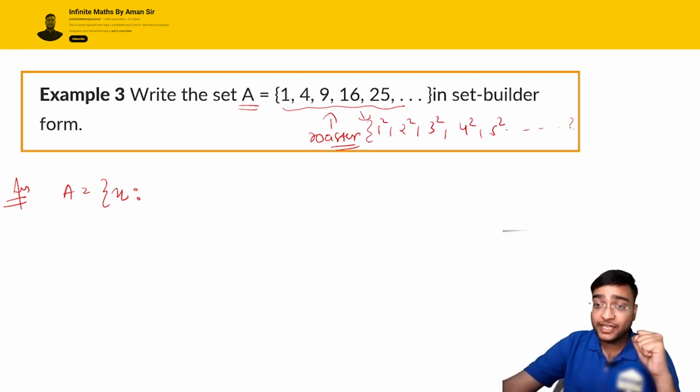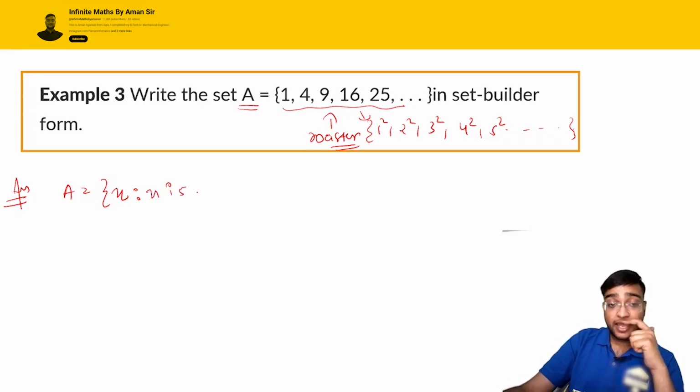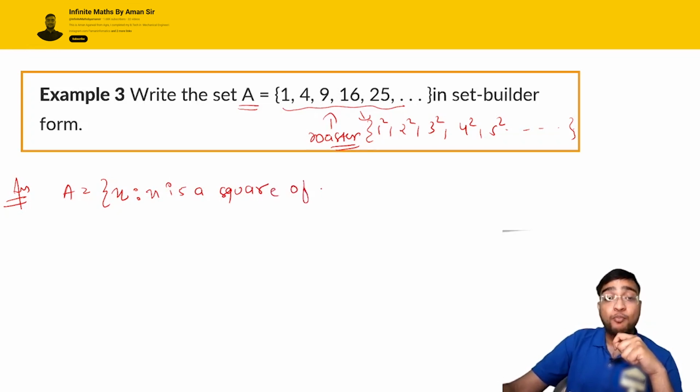These are the property of this set. So what is x here? What is the object here? x is a square of positive integers. That is very good for set builder form.